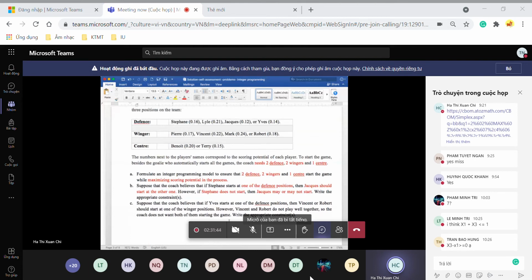So let's see in this case X6 and X7 less than 1. So I think it's not correct, right? X6 is 0, X here is 0, so must be less than or equal to 0.